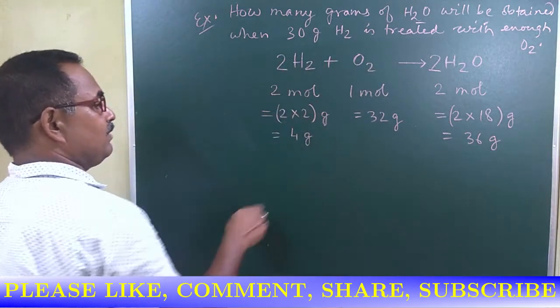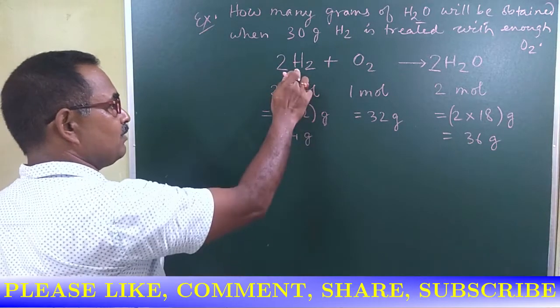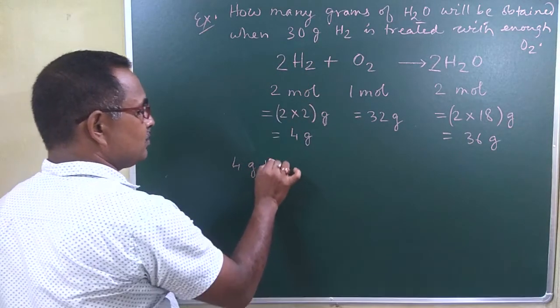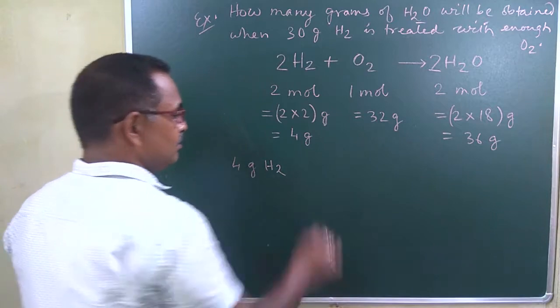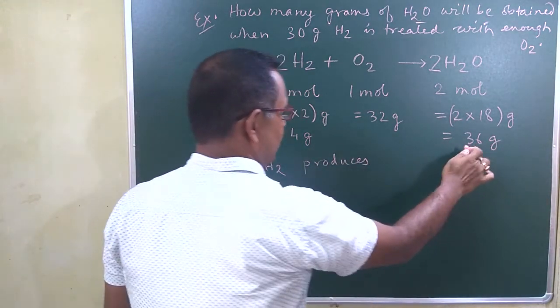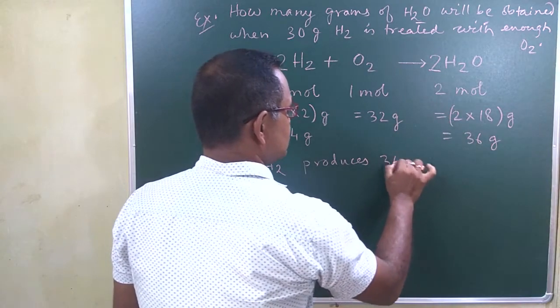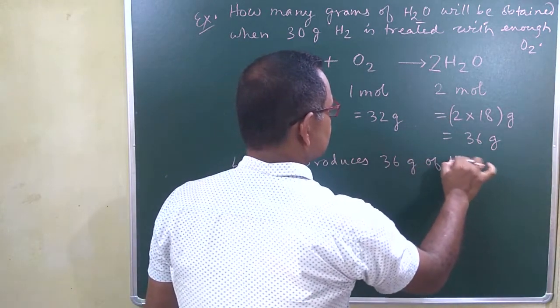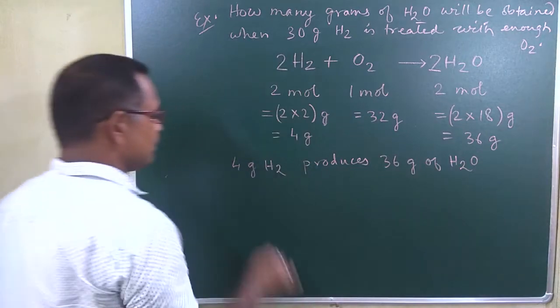From this equation we can write 4 gram of hydrogen produces how many grams of water? 36 gram of water.